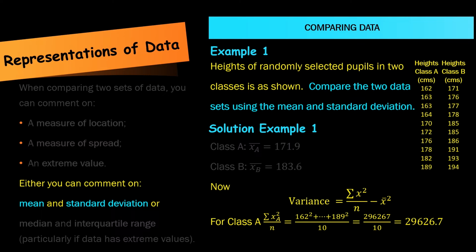So for class A, sum x squared is each of the values in set A squared and then added up together, divided by n equals 10, because we have 10 data values. And this value comes to 29,626.7.